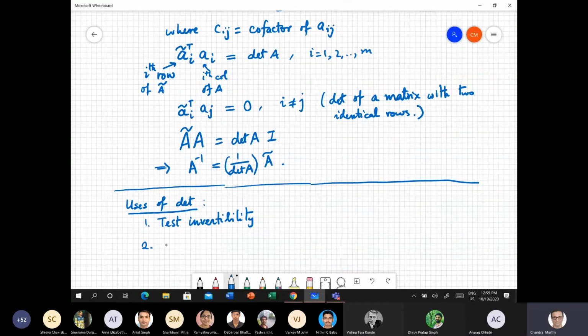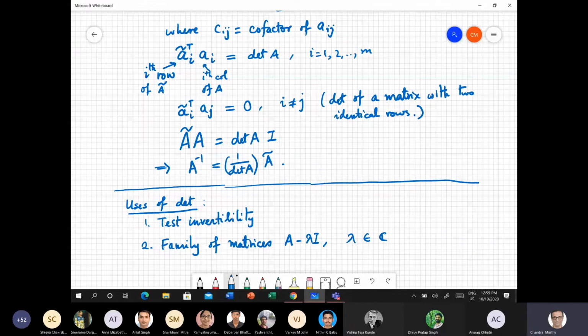The second is that if you consider the family of matrices A minus lambda I. Now this is a family of matrices because lambda can be anything. So let me just say it's any complex number for now.